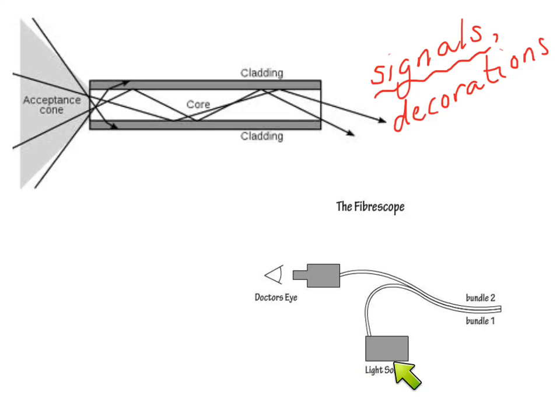There's one bundle which comes from a light source, so that bundle carries light down inside you and illuminates whatever's down there, and the other bundle, the picture goes back up those and you can see what's going on inside. The key thing about this bundle is that the fibres at this end have to be arranged in the same order, same pattern as the ones at this end, otherwise the picture would be all jumbled up.